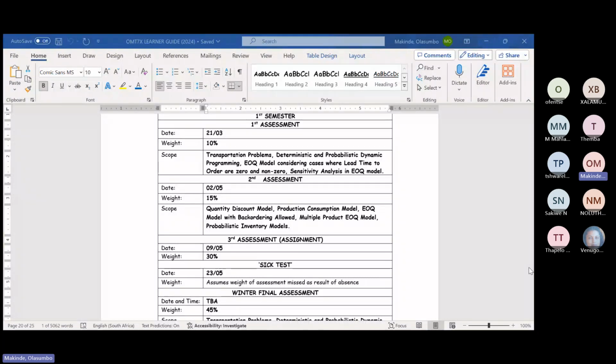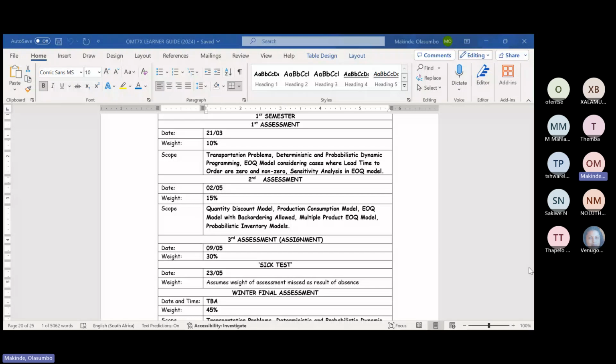So we are going to build on the existing knowledge of your linear programming and integer programming to be able to see how we can solve more operational problems. And all these programmings, let me also say this to you, whether it's linear programming, integer programming or Goal programming, what are they trying to do? Because I think most of you are just doing the mathematics, but you don't know why you are doing it.